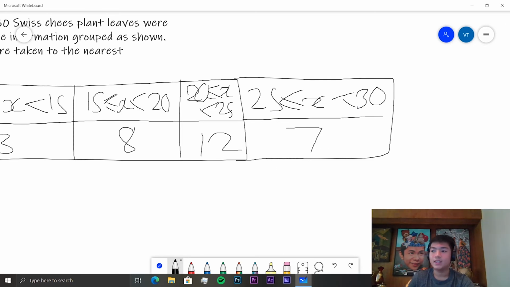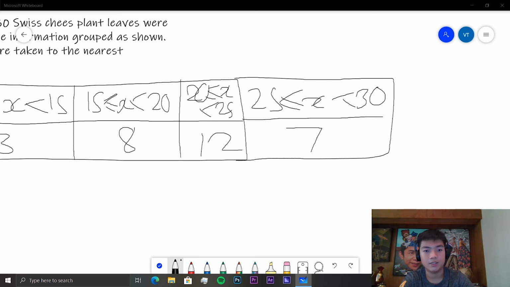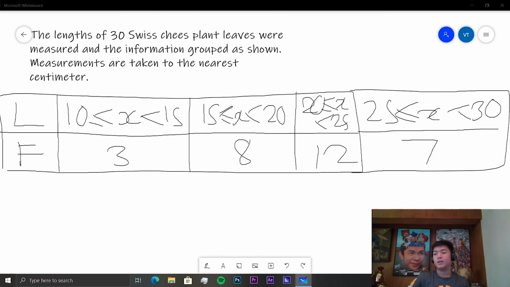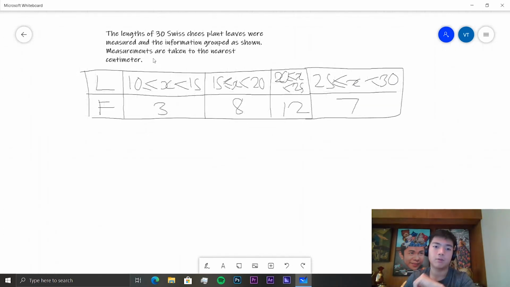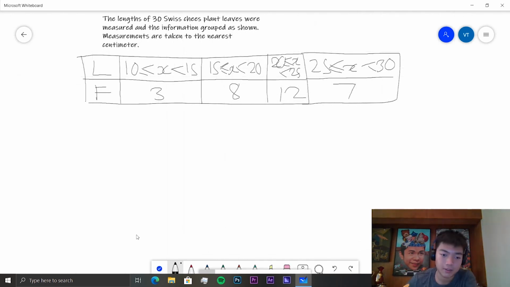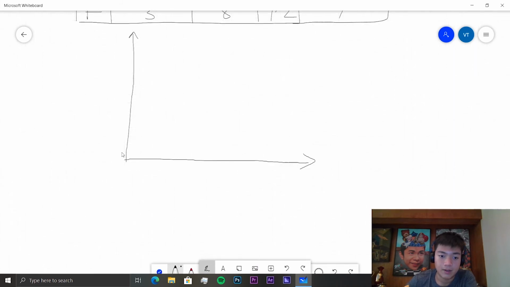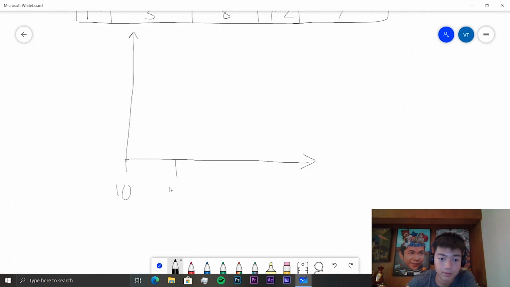The first question: is this discrete or continuous data? I would say this is definitely continuous, but we are putting some form of boundaries in how close we are measuring the data. So technically it is, I guess, discrete, because we're rounding to the nearest centimeter. If we were to draw a histogram, let's decide on our axes. Let's call this 10, 15, 20, 25, and 30.